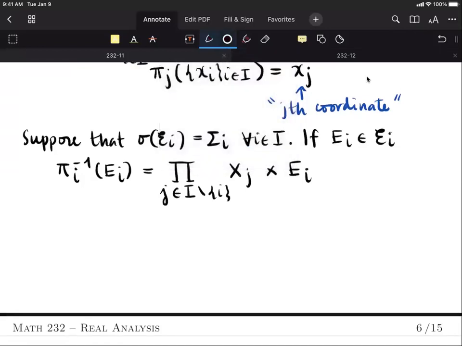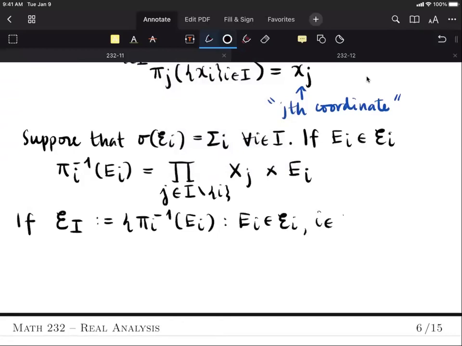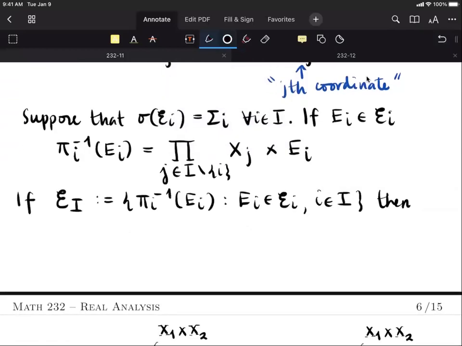If we denote E sub capital I, that's the index set, to be the collection of all these inverse images, where I is in the index set and E sub I is in the generator, then by applying our previous theorem, we can conclude that this collection generates the product sigma algebra.